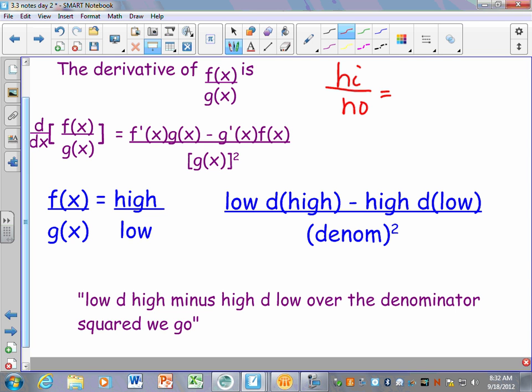Then you can say, ho d high minus high d ho. That's the numerator squared divided by ho ho. That's another one. That's not that cute. I always had to think really hard about that one to get that one to work.